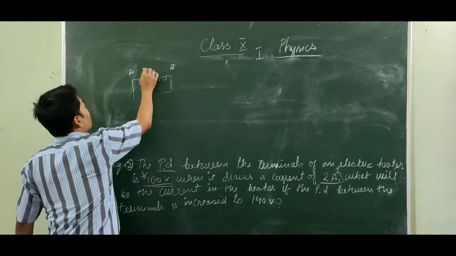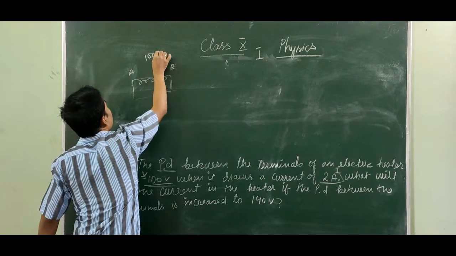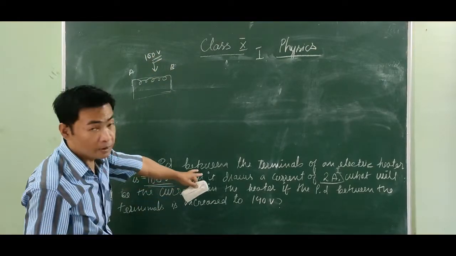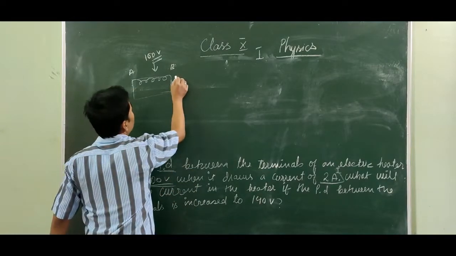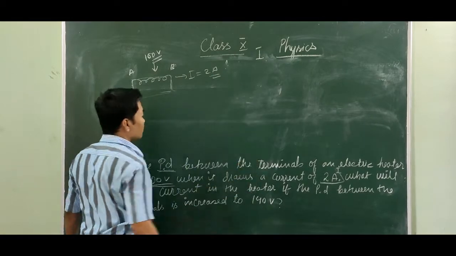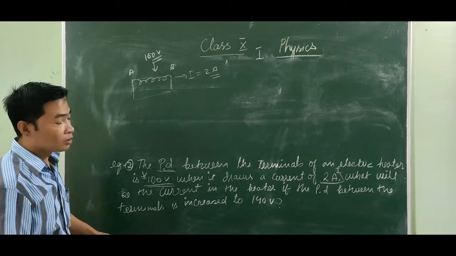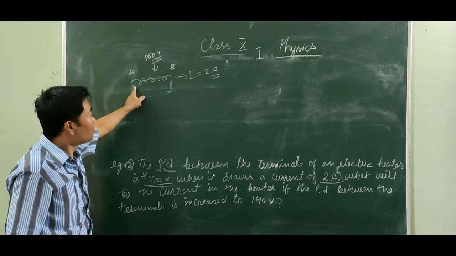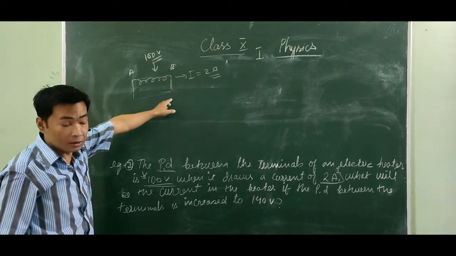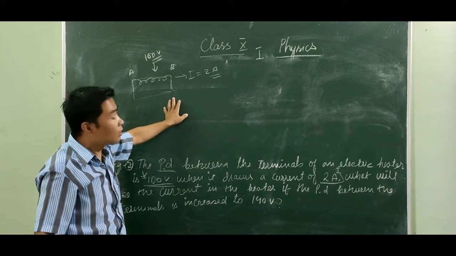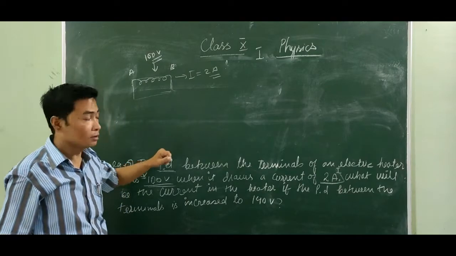If a 100 volt potential difference is applied between these two terminals, then this heater will draw a current of 2 ampere.